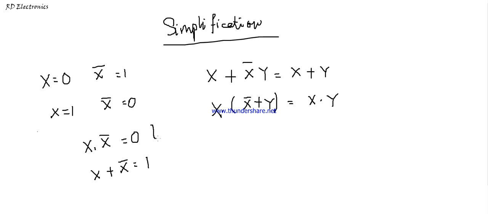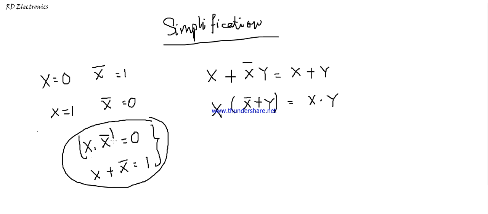Okay, this should be noted. In the logical OR operation, if we perform the OR operation between the variable and its complement, then the output is always equal to logic 1. So that's why this theorem.